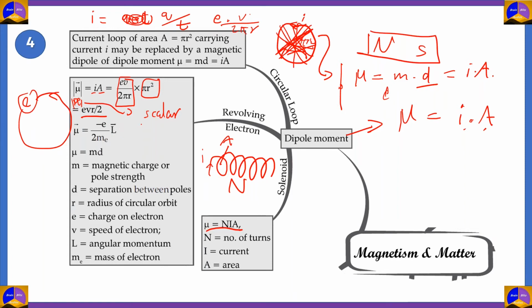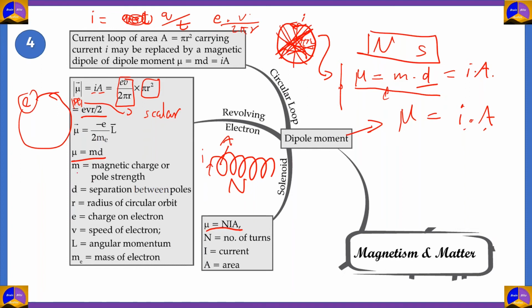And using the formula for the circular loop, where we considered the circular loop as a set of dipoles, we can use mu is equal to m d also as a formula for finding the dipole moment of a revolving electron.